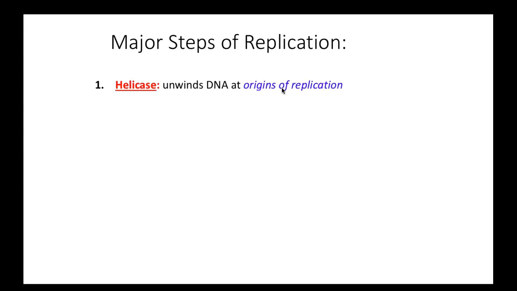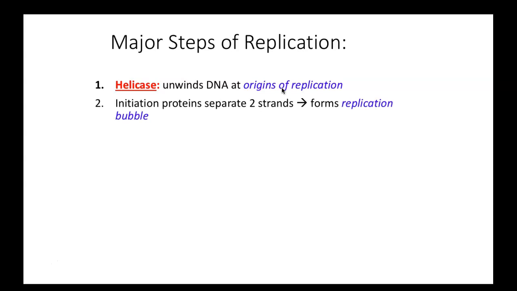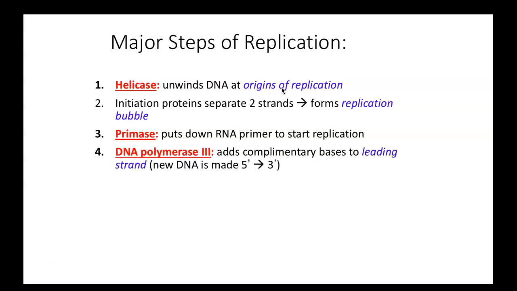So the first step is that DNA gets unwound with an enzyme called helicase. So just listen, don't write right now. DNA gets unwound by an enzyme called helicase. Initiation proteins are going to separate the two strands, and it forms a replication bubble. I'm going to show you pictures of all of this. Primase is an enzyme that puts down an RNA primer. DNA polymerase is an enzyme that's going to add all of the new bases.